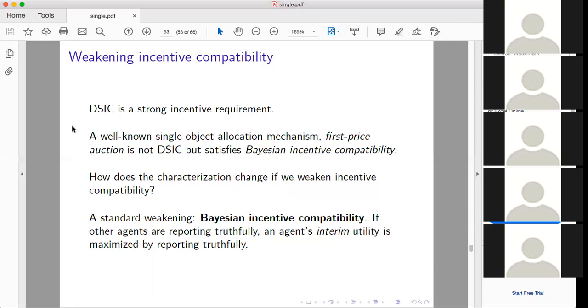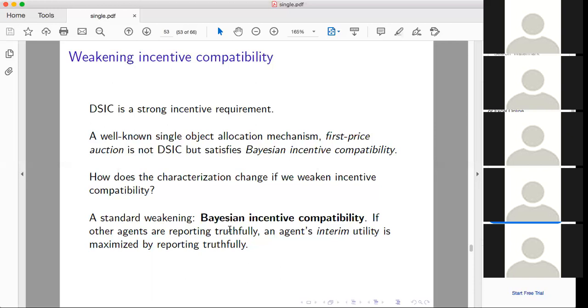So that's basically the Bayesian equilibrium. What we're going to see here is, in the single object allocation mechanism, what is the modification of our characterization if we use Bayesian incentive compatibility as a solution concept rather than dominant strategy?